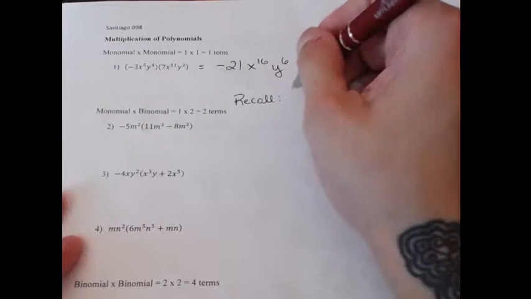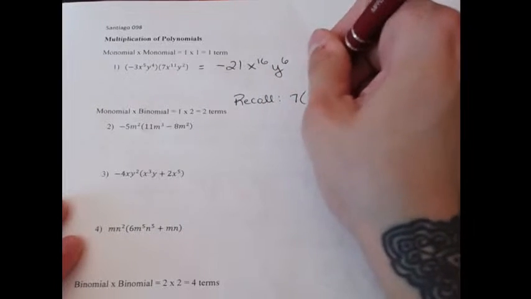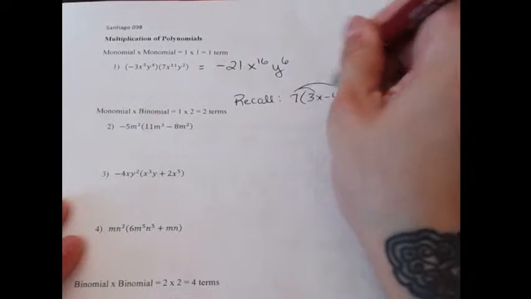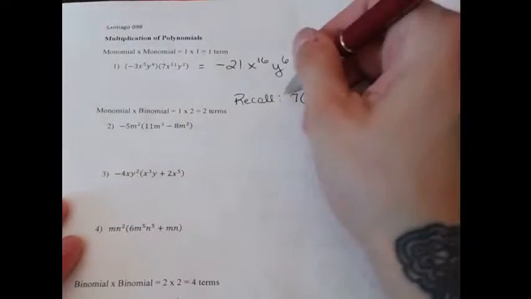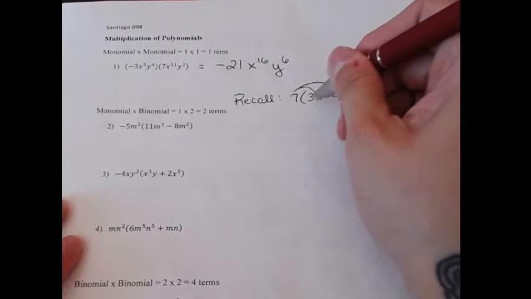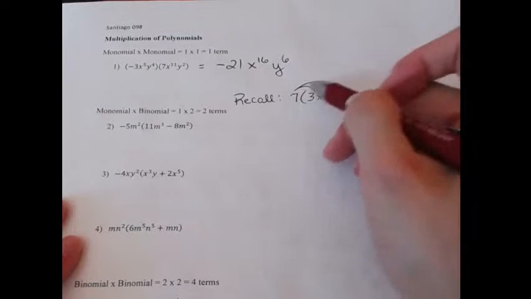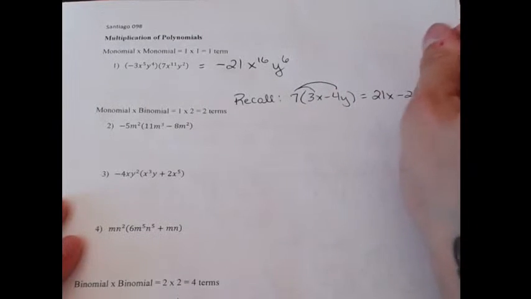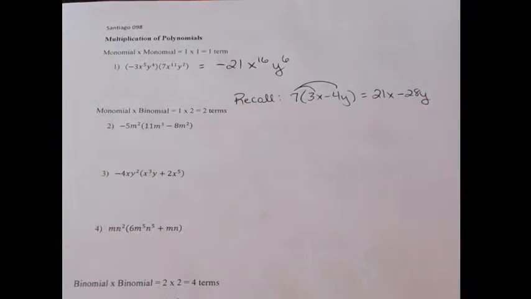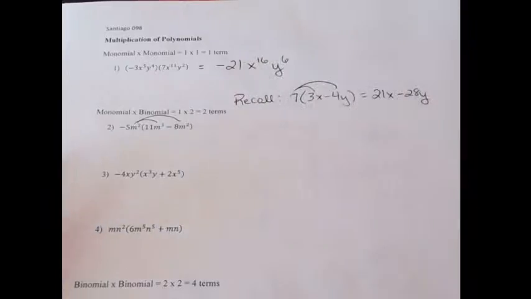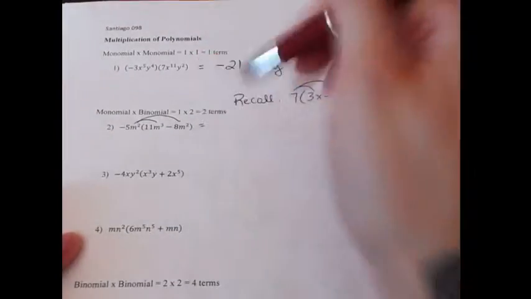If I gave you something like 7 times 3x minus 4y, you would say, oh, no big deal. I distribute 7 times 3x because it's 7 times 3 with an x, right? So it becomes 21x. And then 7 times a -4y is just a -28y, right? We are used to that. We've seen this before a million times. This time we just have more variables and we have different powers. Who cares? So let's do it.